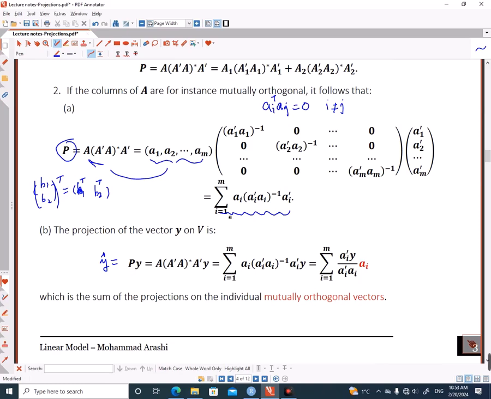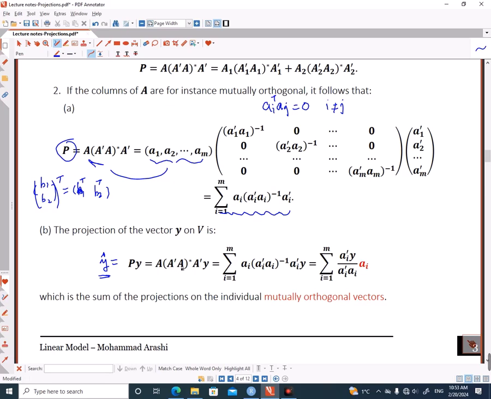Based on mutually orthogonal columns of A, if I construct the column space based on these mutually orthogonal vectors in A, then I can simply find the estimate for the response y by writing Py.